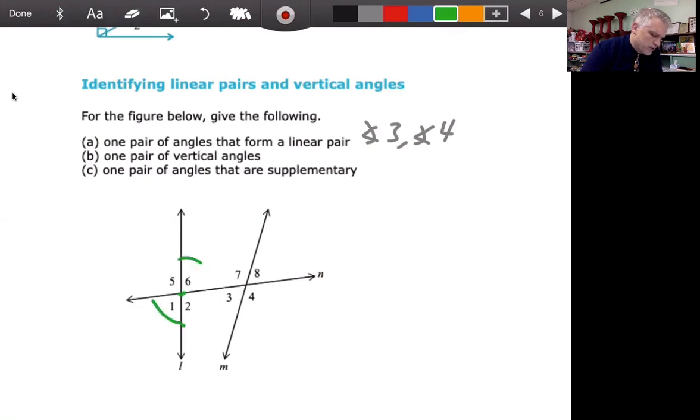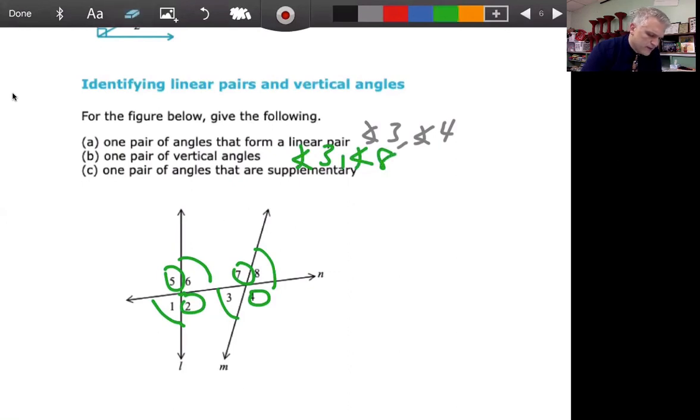You could say 1 and 6, that's a pair of vertical angles. Or you could say 2 and 5, that's a pair of vertical angles. On the other set, we could say 4 and 7. I'll say the very last ones, angle 3 and angle 8 are my vertical angles.